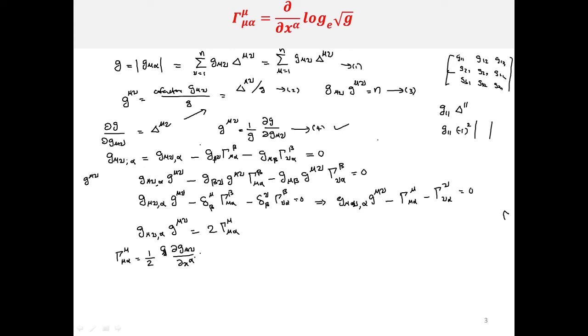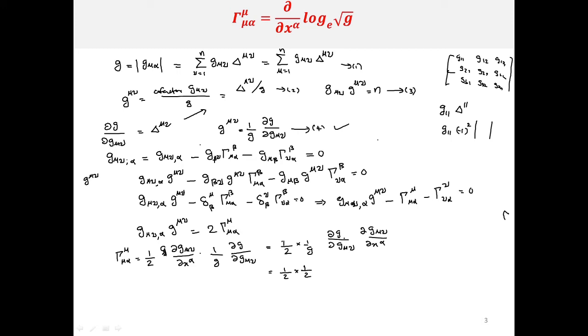Now from equation number 4, its value is 1 by g, ∂g by ∂g_{μν}, so it can be written as 1 by 2 into 1 by g and ∂g by ∂g_{μν} into ∂g_{μν} by ∂x^α.